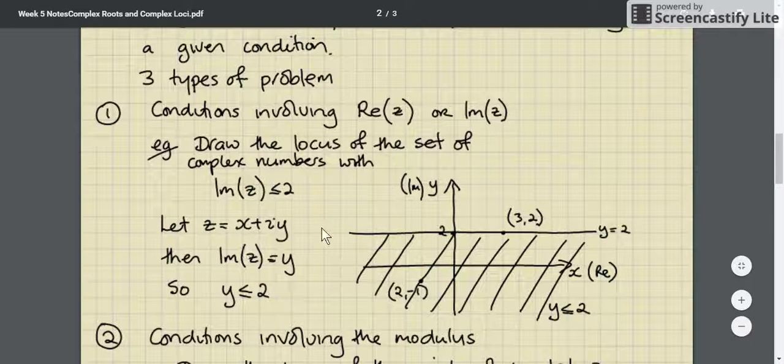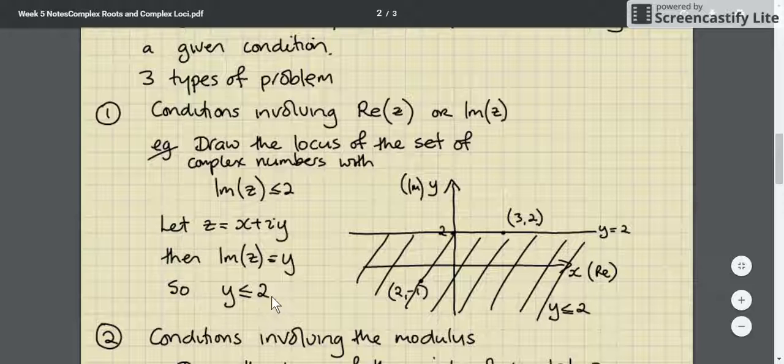You need to replace Z with X plus IY so that you can interpret what this condition actually means. Remember that the imaginary part of Z is the coefficient of I, so the imaginary part of Z is Y. So this condition translates to Y is less than or equal to 2.